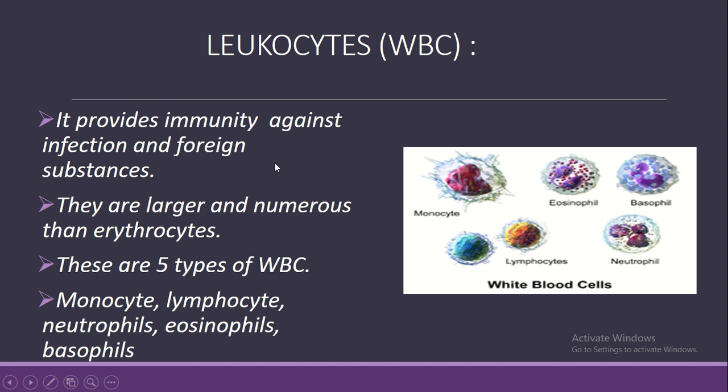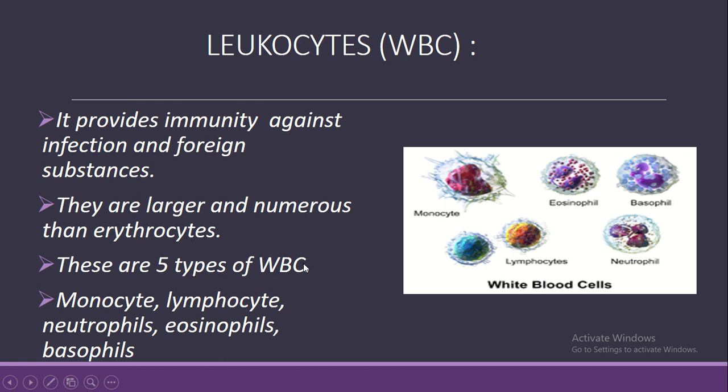It shows that there is some infection or foreign substance present in our body. When the body needs immunity, when it is attacking something, automatically the WBC count goes high. They are larger and more numerous than erythrocytes, meaning RBC. Size wise they are larger, and number wise they are also more than the RBCs.